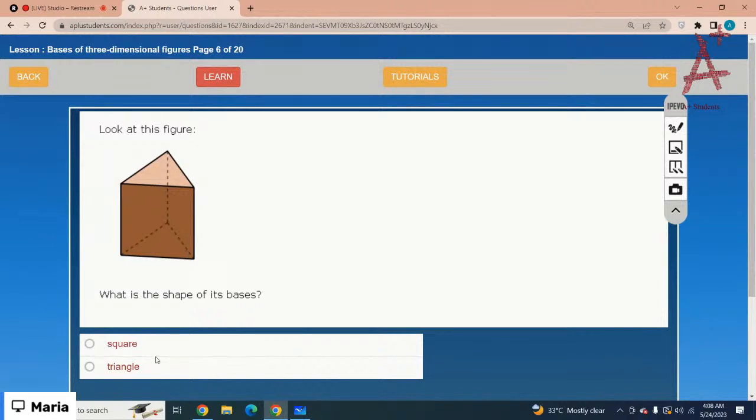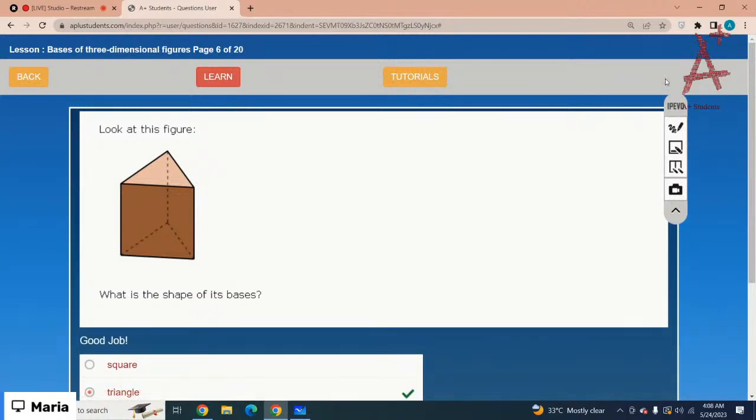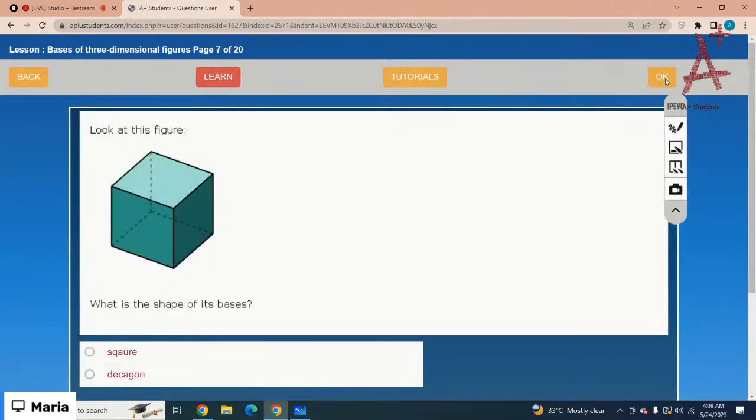Triangle. It has triangular base. Look at this figure. What is the shape of its base? Square it is.